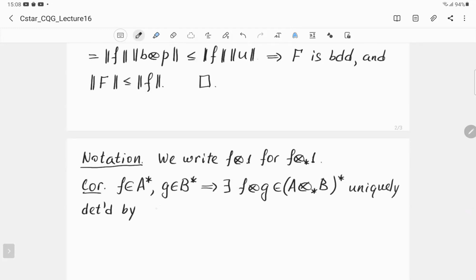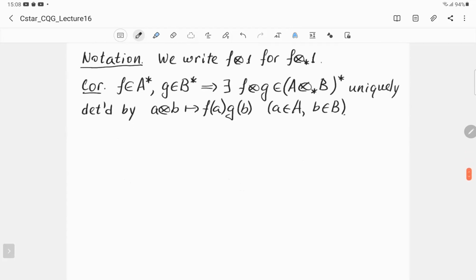So it takes each elementary tensor A tensor B to f of A g of B. Well, the proof is immediate from our previous theorem.